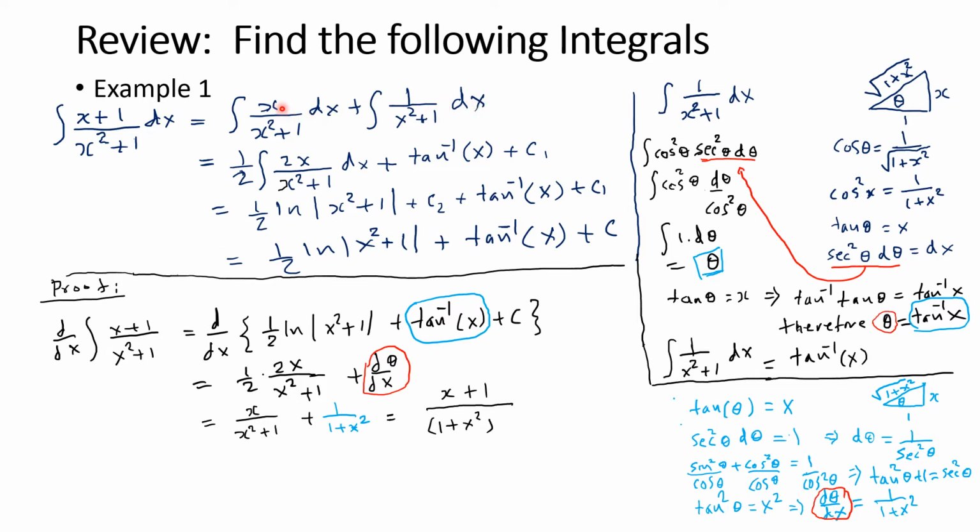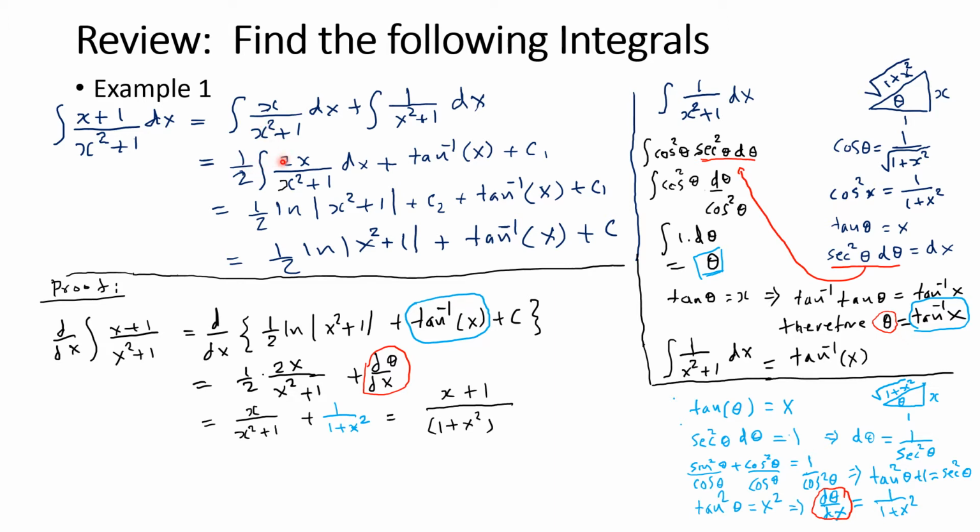Now, integration of this one, we can perform it as if the top function is the derivative of the bottom function. If that is the case, we could use log. So to make the numerator the derivative of the denominator, we have to multiply the numerator by 2. If we do so, then we have to take 1/2 of the result to cancel the impact of multiplying by 2, because we don't want to change the value.